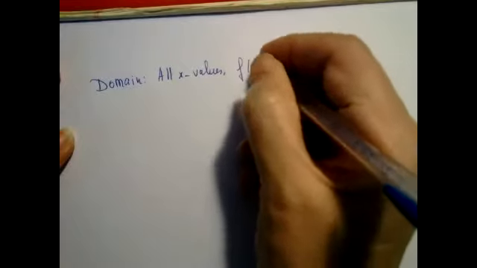All right, so the main ideas were the domain and range. Let us remember, the domain is all the x values, or the input values, such that f of x yields a number.